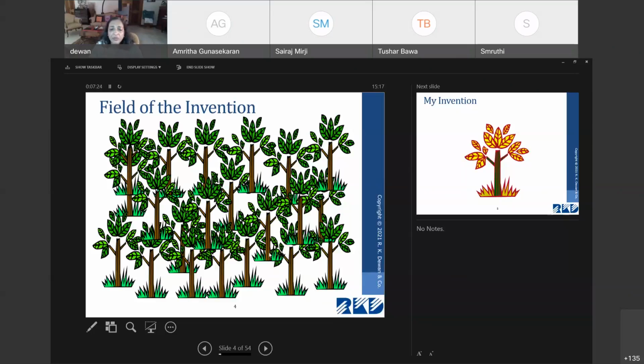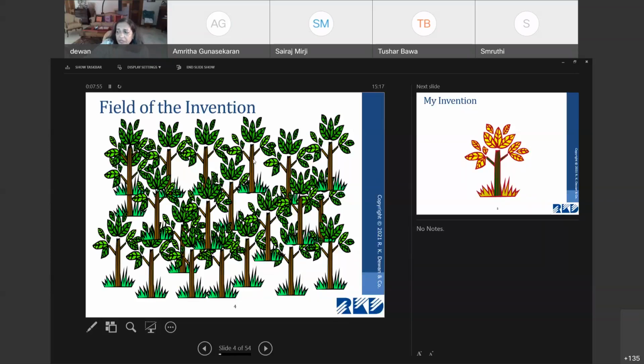Okay, so this is the field of the invention. It is like a jungle or an orchard or a place where all similar trees are there, and they may be a little different from each other also. So this is basically the field. Now, what is the purpose of drafting the patent specification?